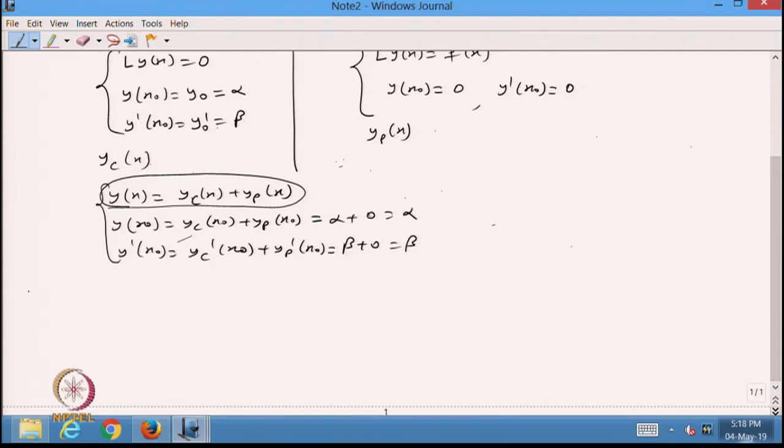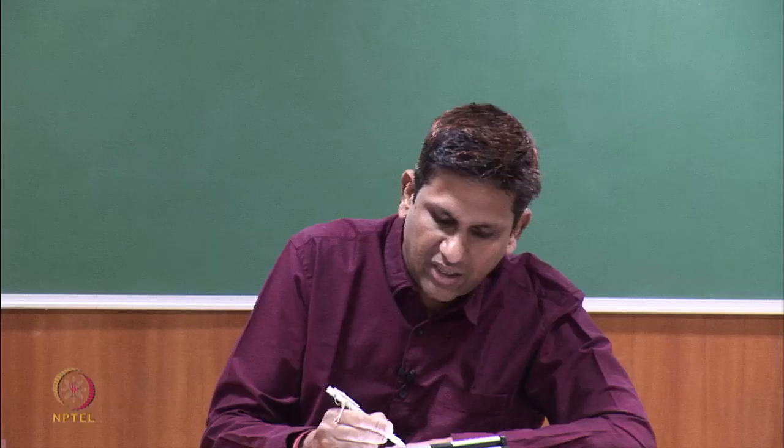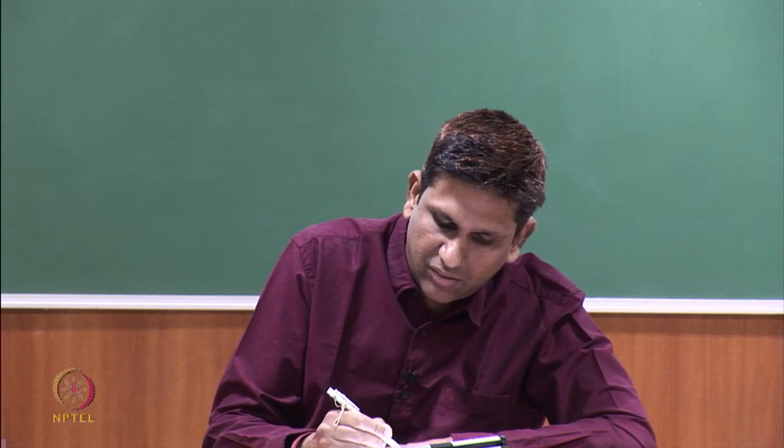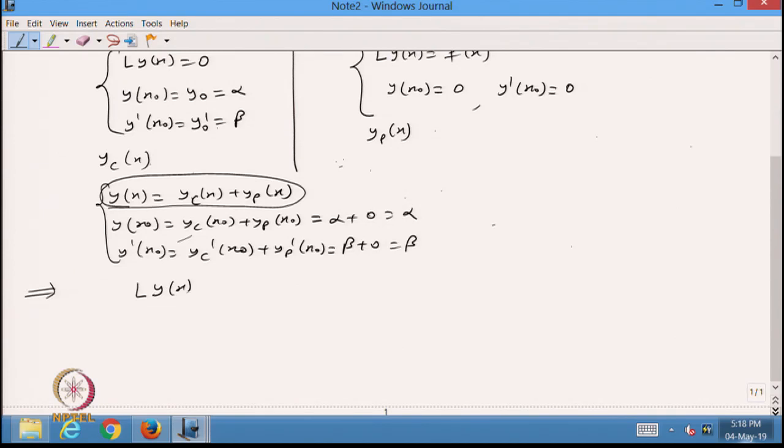Now we start with the general equation. Let's say I have a general second order differential equation, L y(x) is equal to f(x), and then I have my initial conditions: y at x naught I define as alpha, and y dash at x naught I define as beta.